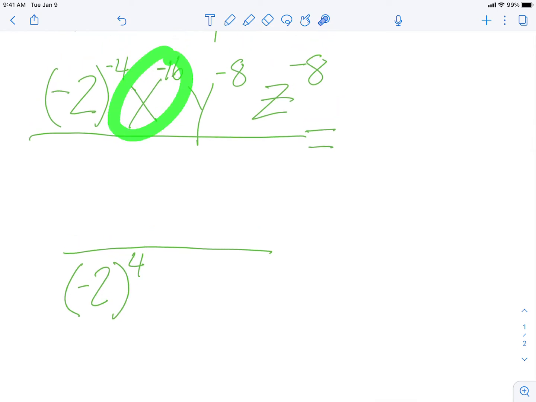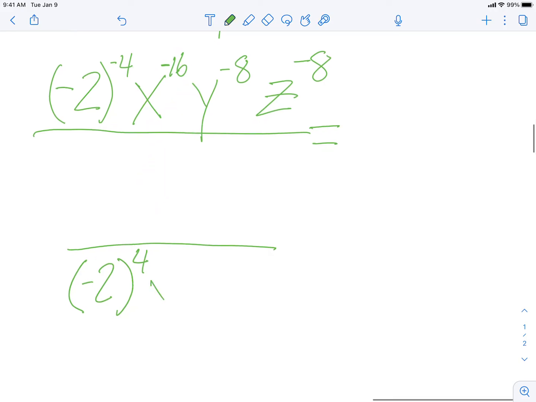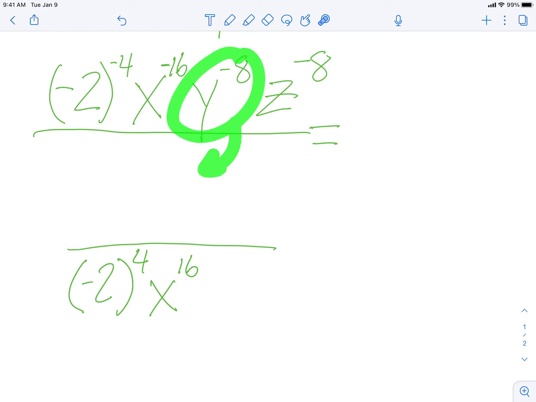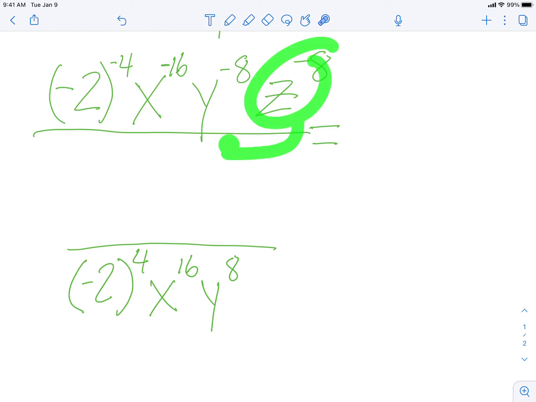This x to the negative 16 has to go down and become x to the positive 16. This y to the negative 8 has to go down and become y to the positive 8. And this z to the negative 8 has to come down and become z to the positive 8.